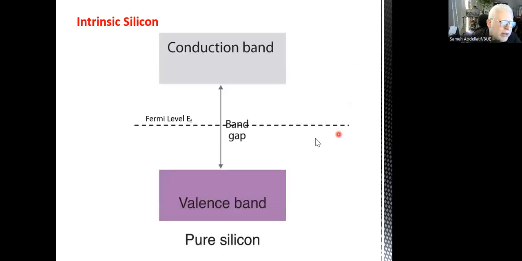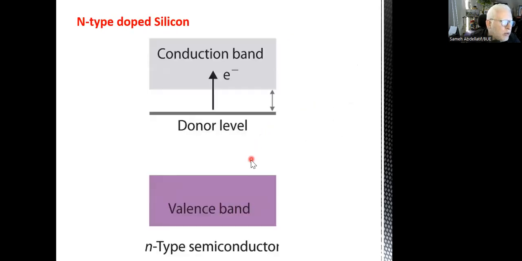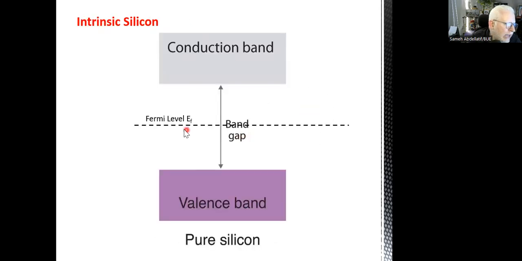So your Fermi level will be no longer in the middle of the energy gap. It will move to be more toward the conduction band to indicate that the number of electrons is greater than the number of holes. So we have a Fermi level shifted up with respect to the intrinsic case.